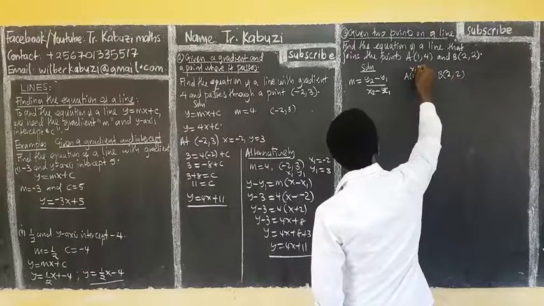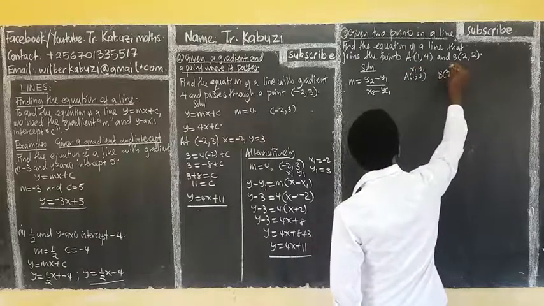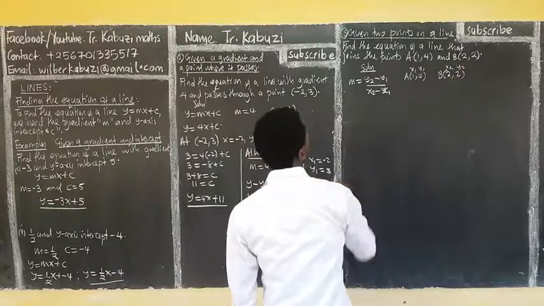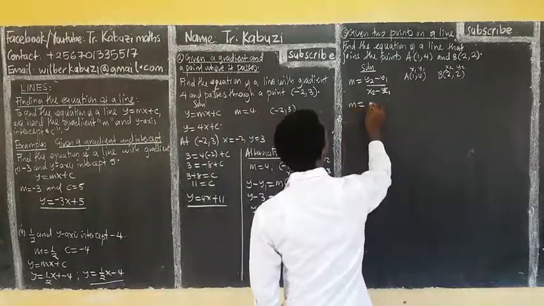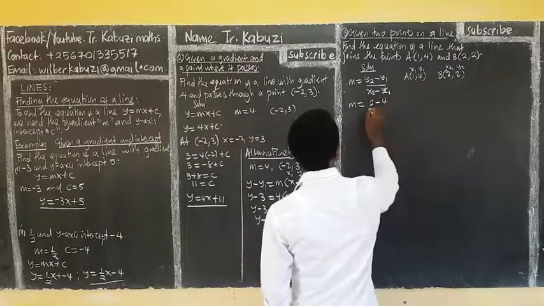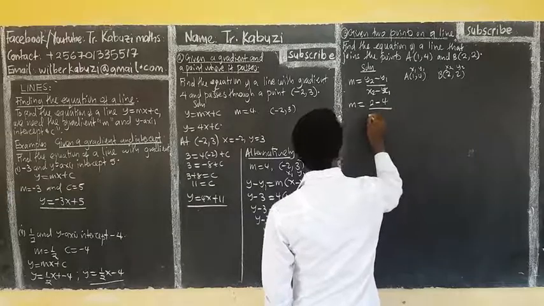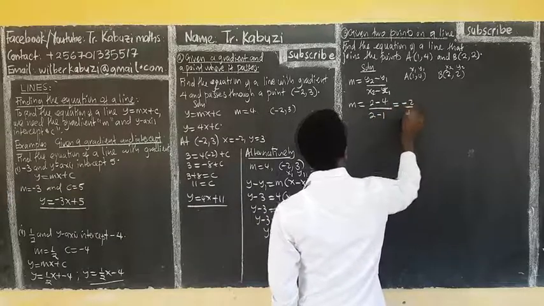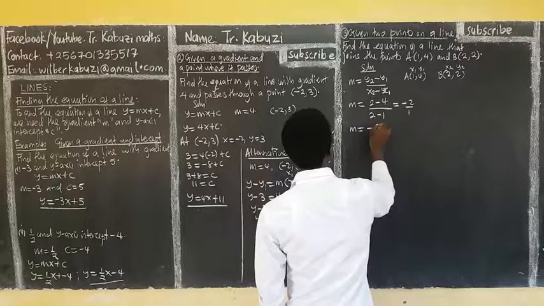So x1, y1, and let me call this x2, y2. And I substitute. So my m will be y2, which is 2, minus 4, y1, over x2, which is 2, minus x1, which is 1. This will be negative 2 over 1. So my gradient is negative 2.